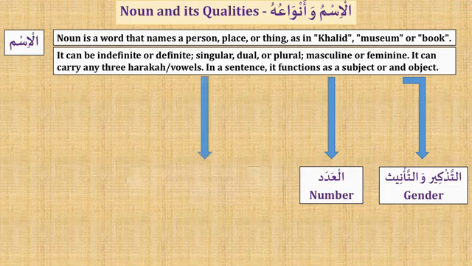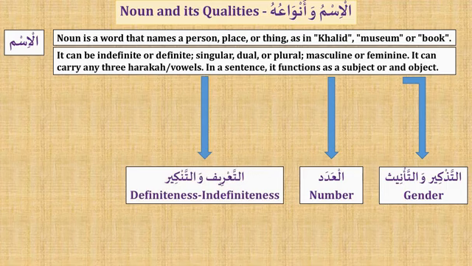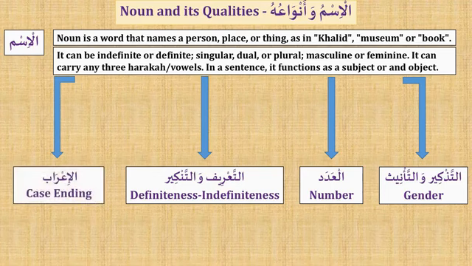The third quality is at-ta'rif wa tankir, definiteness or indefiniteness. Each noun is either definite or indefinite. And the last quality is al-i'rab, case ending, whether the noun ends with dhamma, fatha or kasra.